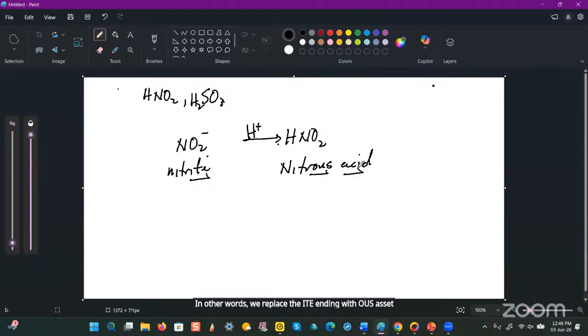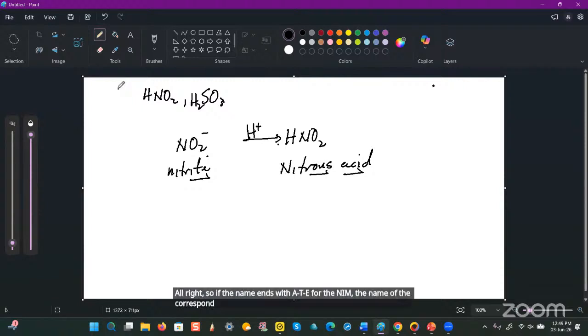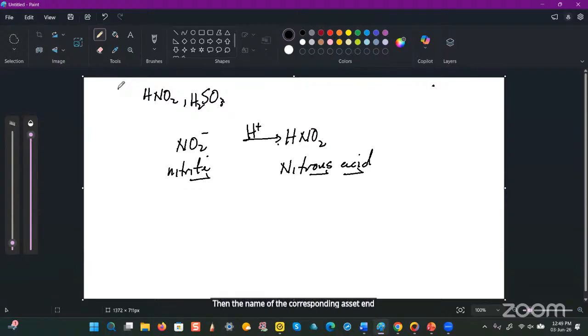So if the name ends with ATE for the anion, the name of the corresponding acid will end with ic acid. But if the name of the anion ends with ITE, then the name of the corresponding acid ends with OUS acid. So another example, H2SO3.